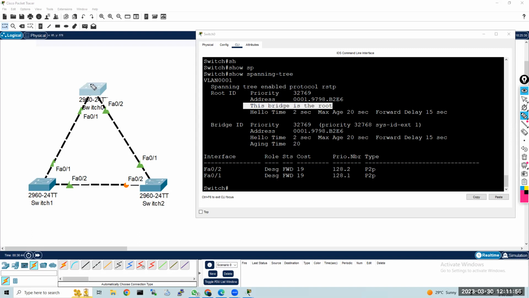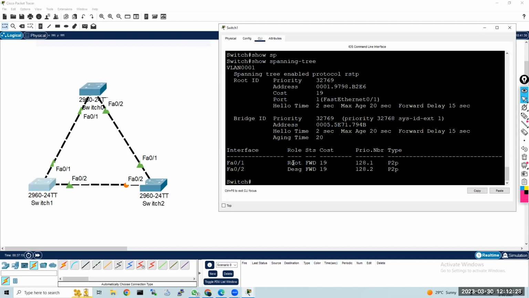This is my switch 1, and this is my switch 2 and 3. I want to make this one my root bridge. For that, we can assign the root as primary or secondary. That's it.